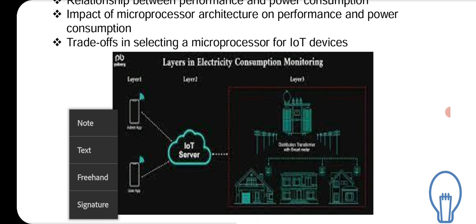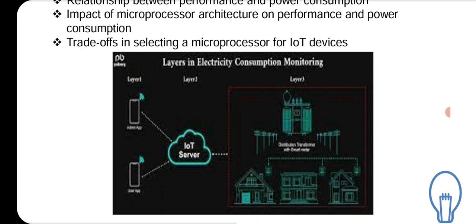Next let us discuss power consumption. Power consumption is another important factor, especially for battery powered devices or applications where energy efficiency is critical. Power consumption is typically measured in watts or milliwatts, and it is influenced by factors such as microprocessor architecture, the number of cores, clock speed, and voltage.